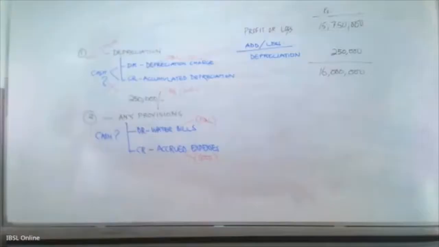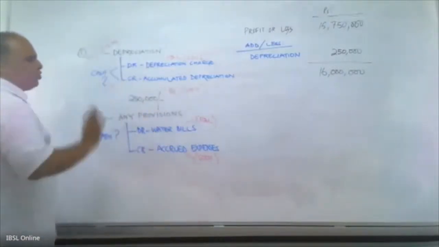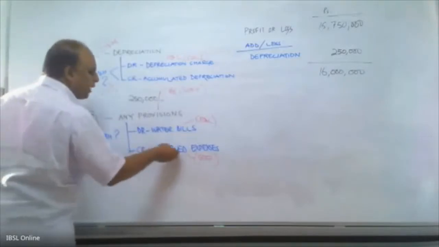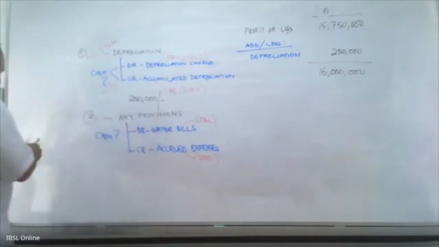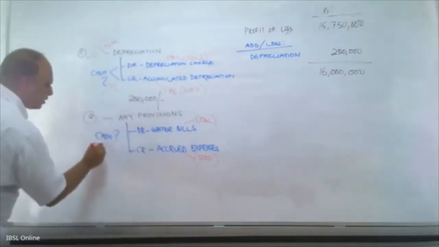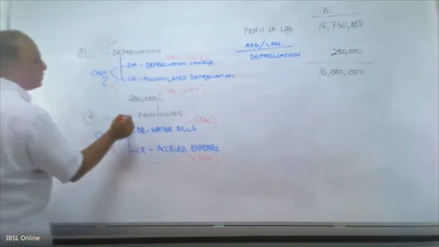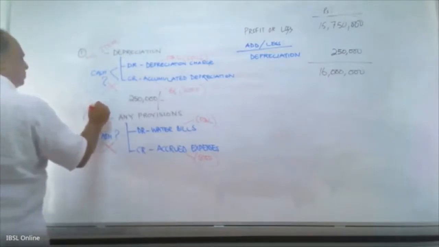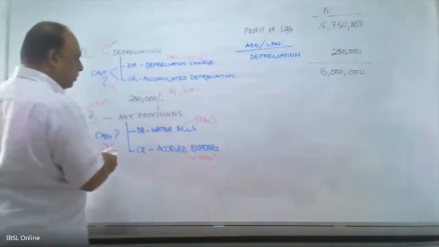So if I had paid out of cash, then there is no issue. Now the problem here is I have not paid out of cash. So the provision that I have made does not involve cash. Here comes the second non-cash item. So now tell me, let's take an amount also.